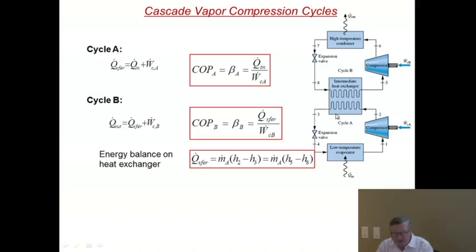The third equation that matters is the heat balance and the mass balance in the heat exchanger. So of course the mass balance is M2 equals M3 and M8 equals M5.